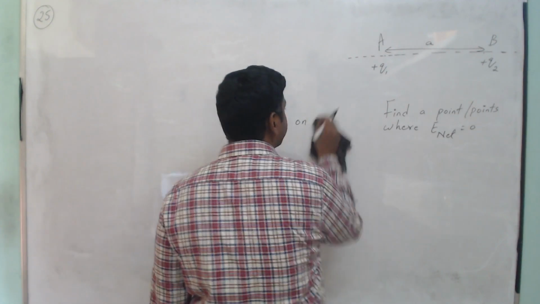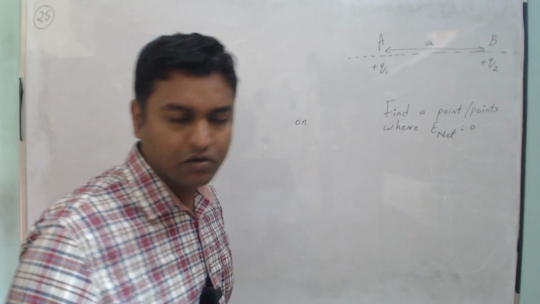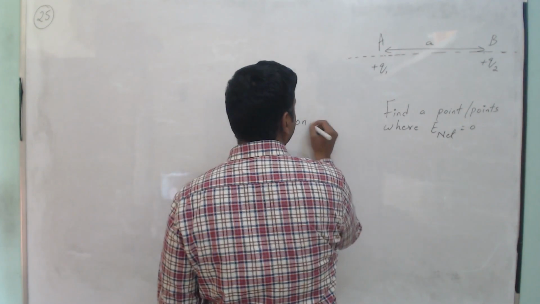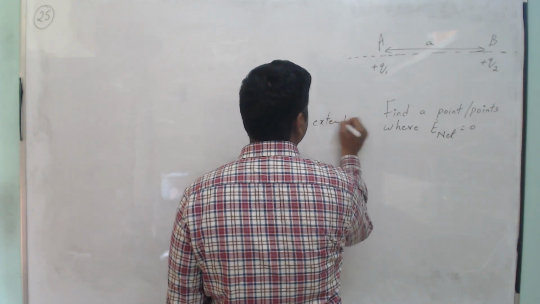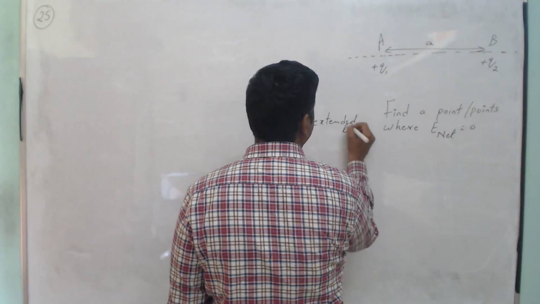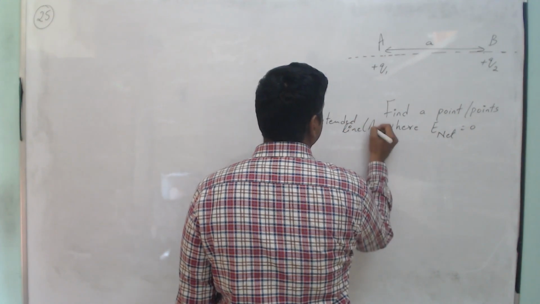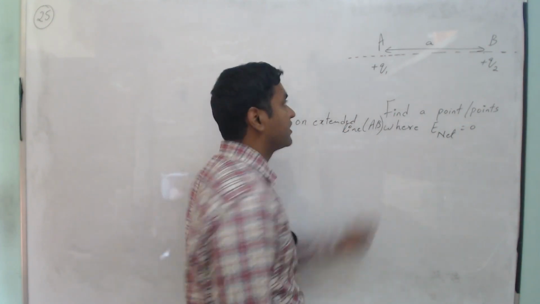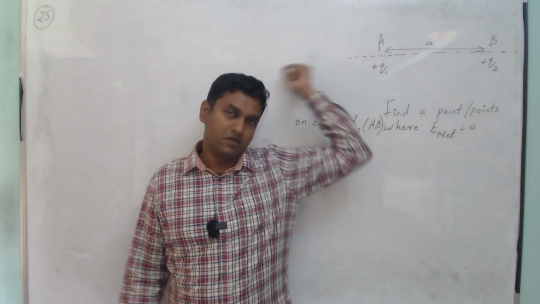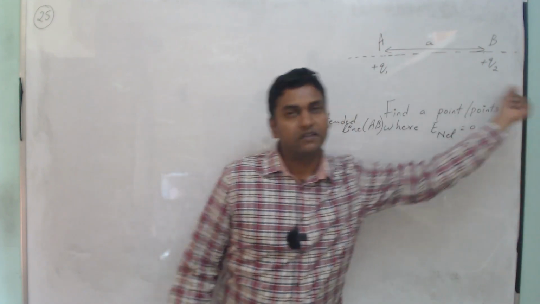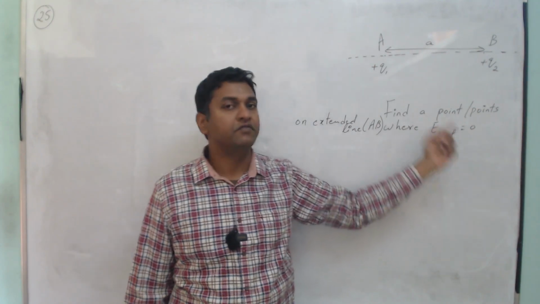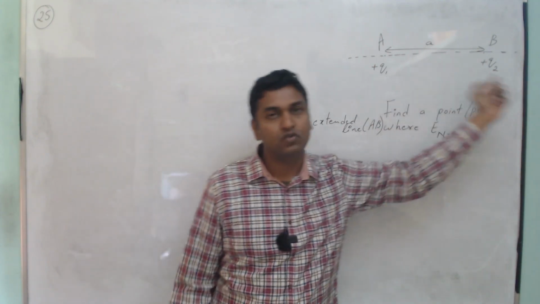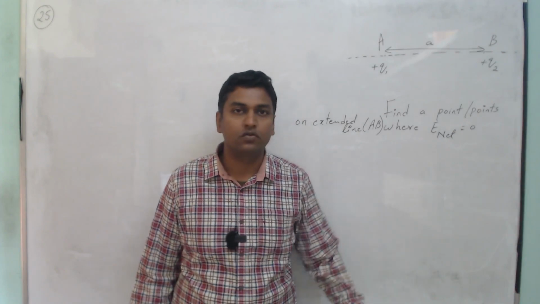On the extended line AB means anywhere on this line AB. We need to find a point on this line somewhere where the net electric field due to charges Q1 and Q2 is zero.